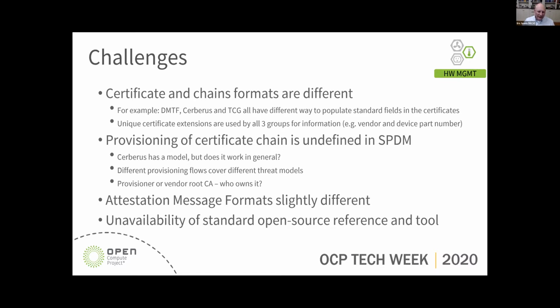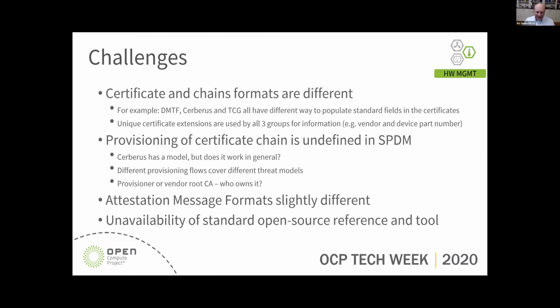But even that, there's some guidance, but not a lot, on exactly what needs to be included in those measurement chains. Now, as part of the OCP security group, our attestation spec does provide some of this guidance, but there are still ways that this can vary between vendors and implementations.